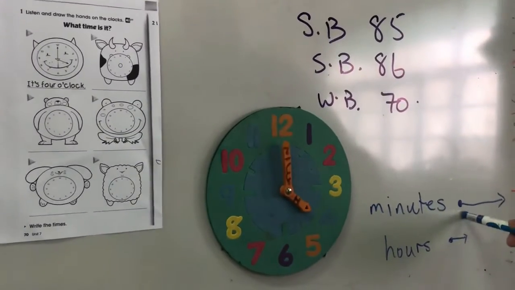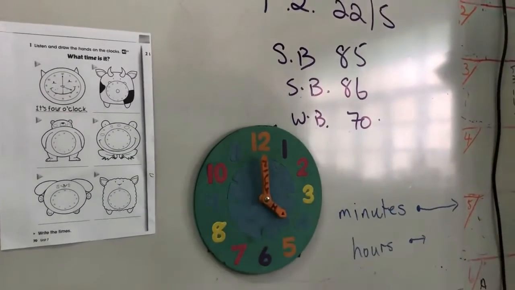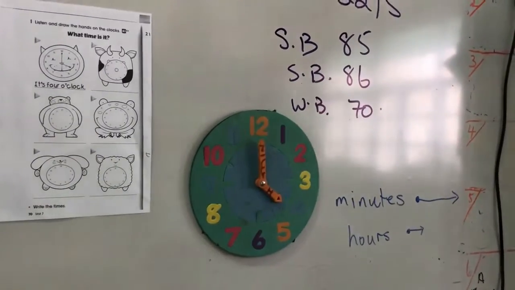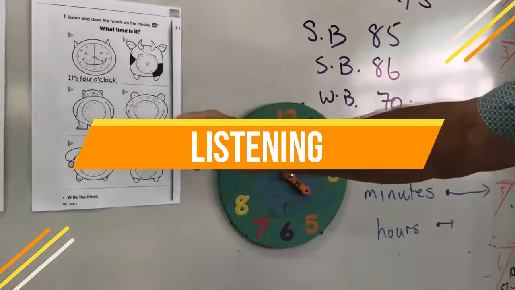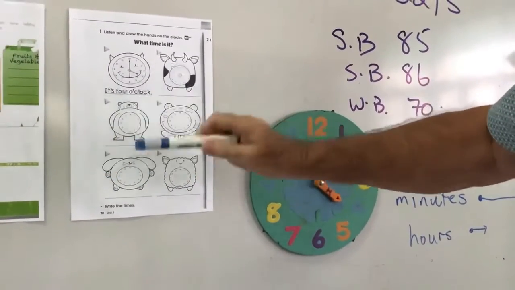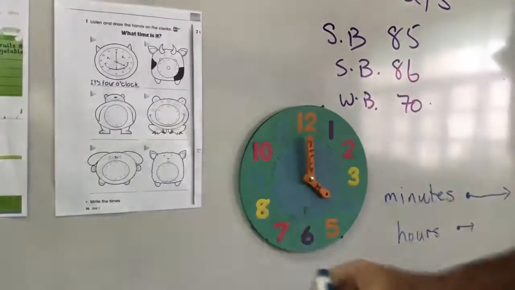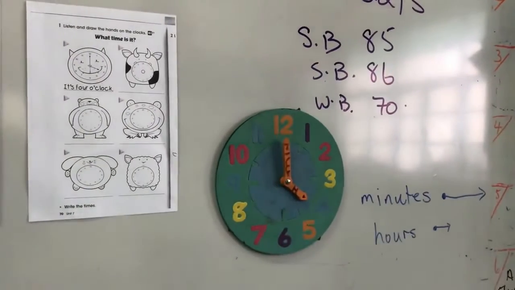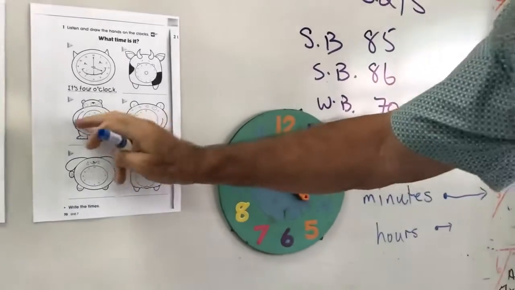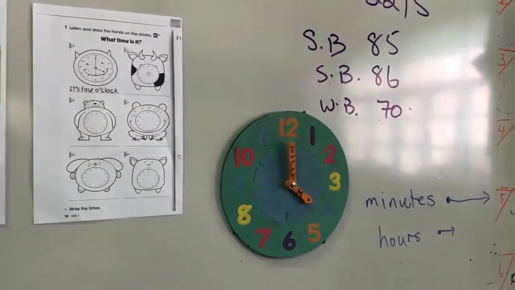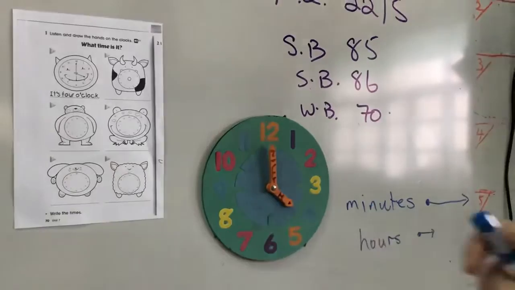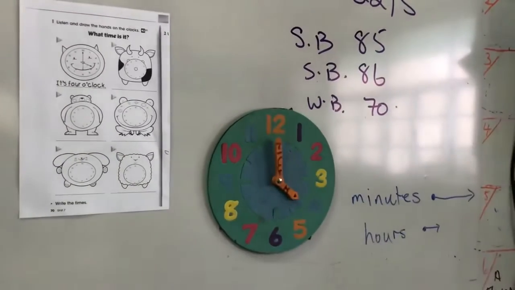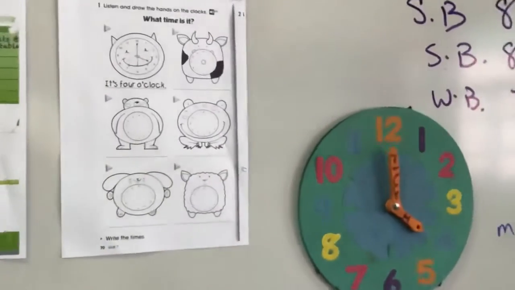Don't forget the minutes finger must be bigger than the hours finger. Okay, this one is bigger, is longer than this one. Okay, let's do the others. Okay, so let's have B. B, I want you to draw for me 5 o'clock. For C, 3 o'clock.